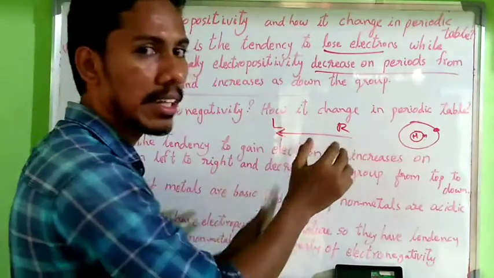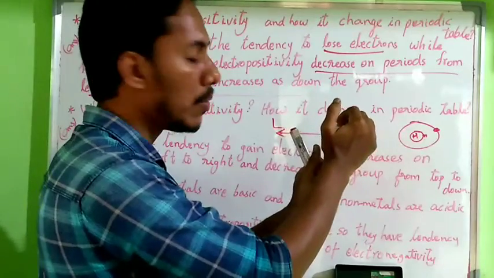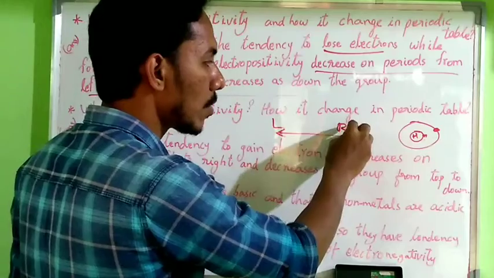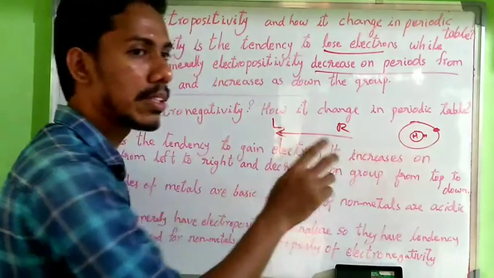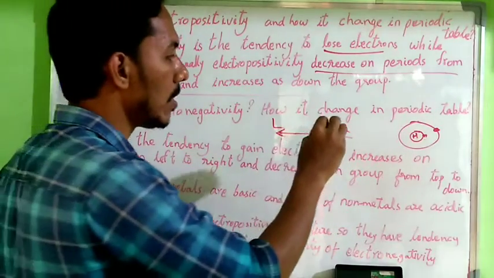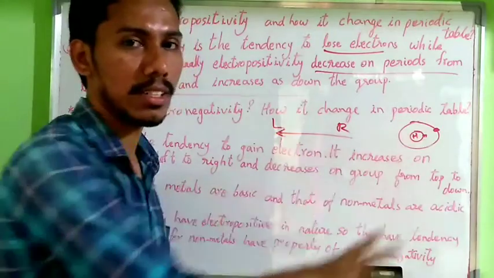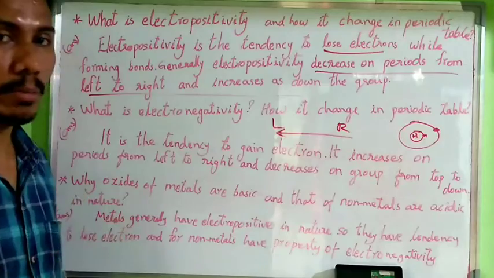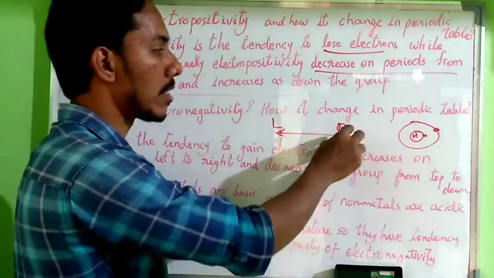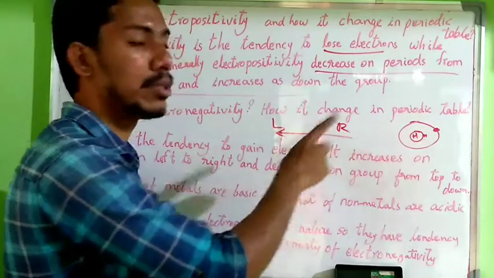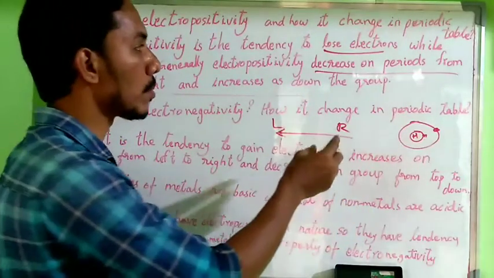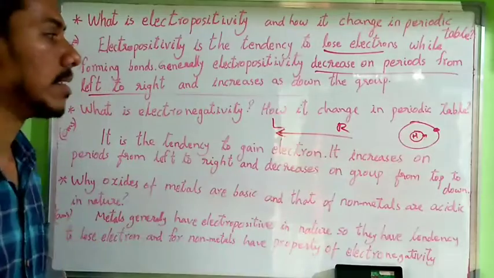On this side, the charges are bound very highly and the size is less, so these electrons are bound to the nucleus with great force, so there is low tendency to lose electrons on the right side. You have to think about that. On this side, the electrons are bound very strongly, so we need to provide extra energy, so it is difficult to lose an electron, so electropositivity is less on the right side.